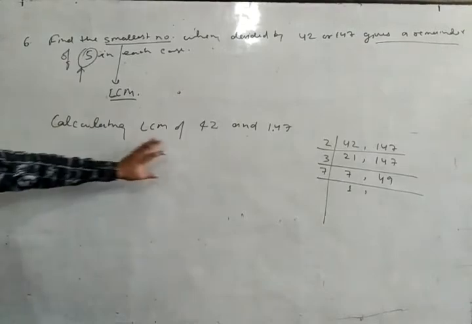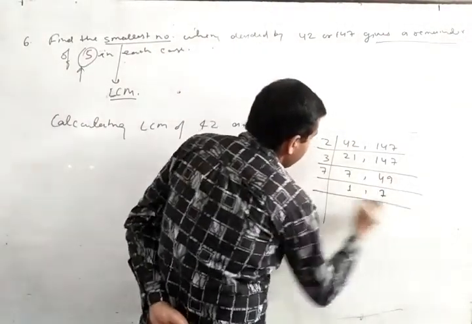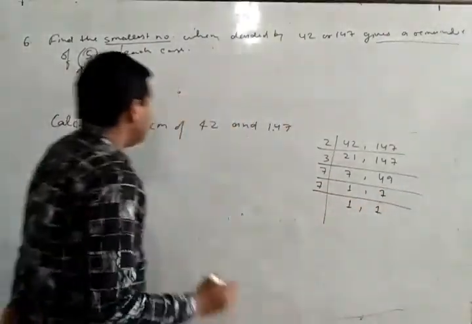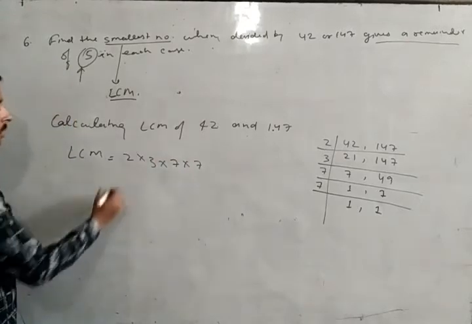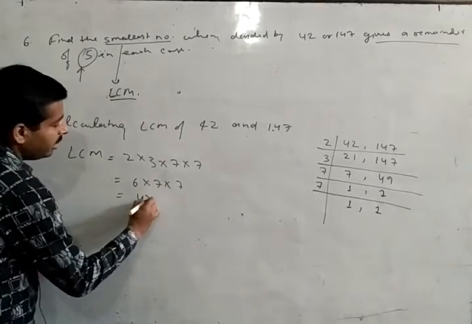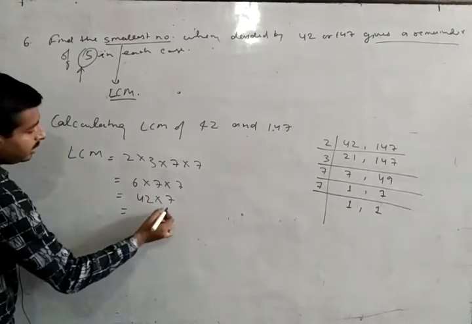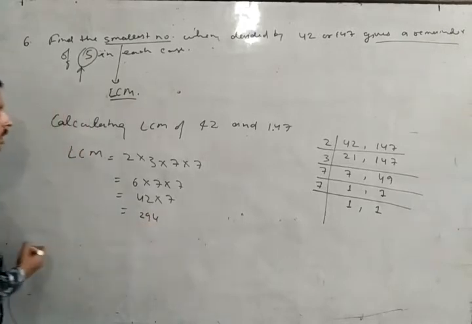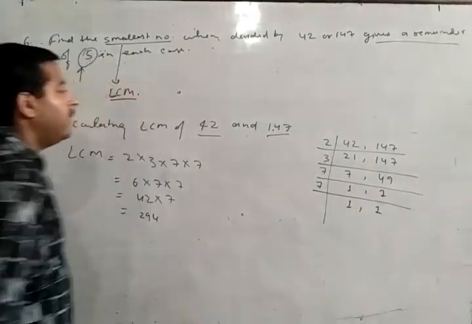What we will do, we will first calculate the LCM of 42 and 147. By the division method we have calculated the LCM of the numbers, that is LCM equals 2 cross 3 cross 7 cross 7, which equals 6 cross 7 cross 7, which equals 42 cross 7, which is 294. Means 294 is the smallest number which is divisible by 42 and 147.